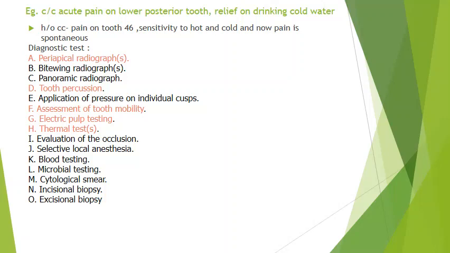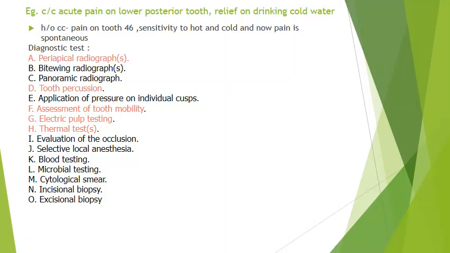Here in this case, we will not do selective local anesthesia because we know tooth 4-6 is responsible. We will not do any kind of blood testing, microbial testing, cytological smear, incisional biopsy, or excisional biopsy. We don't need to do this. And nothing about pain on biting or trauma is given, so we will negate other options as well.